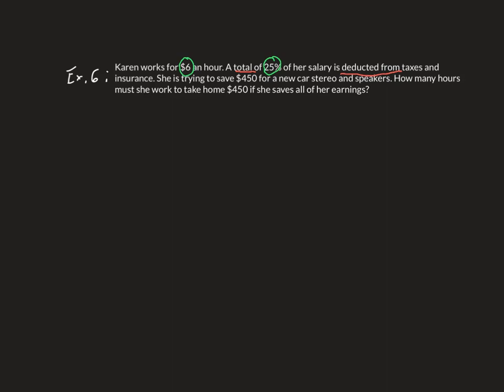She is trying to save $450 for a new car and stereos, or speakers, sorry. How many hours must she work to take home $450 if she saves all of her earnings?